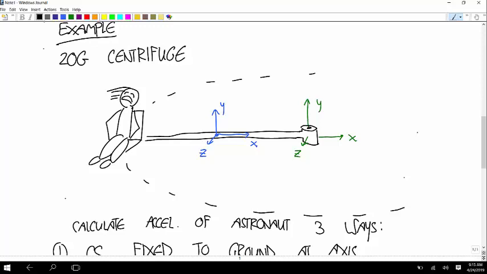And the accelerations that we calculate in these three ways have to match. We're calculating the astronaut's acceleration as we could use in Newton's laws. So we're going to see how the different parts of the calculations are going to come in differently. But in the end, they'll all be the same.